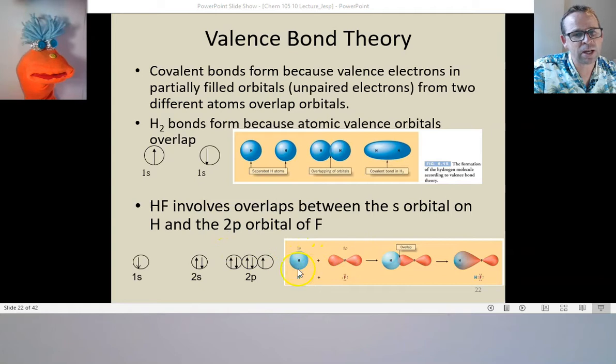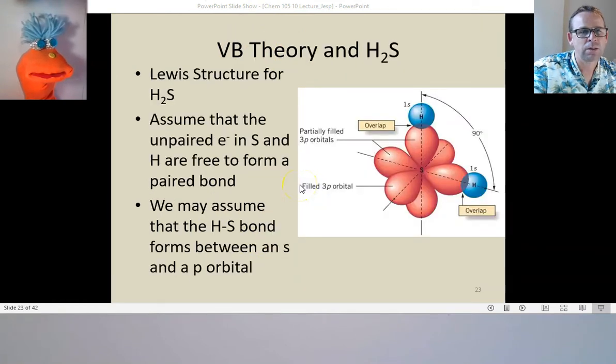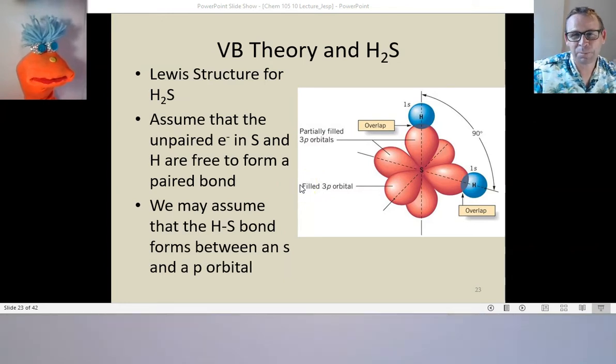So you can imagine the hydrogen sharing electron density and overlapping with that p orbital of the fluorine to make this kind of orbital. This is valence bond theory: the last orbital that has the electrons in it is forming the bond.